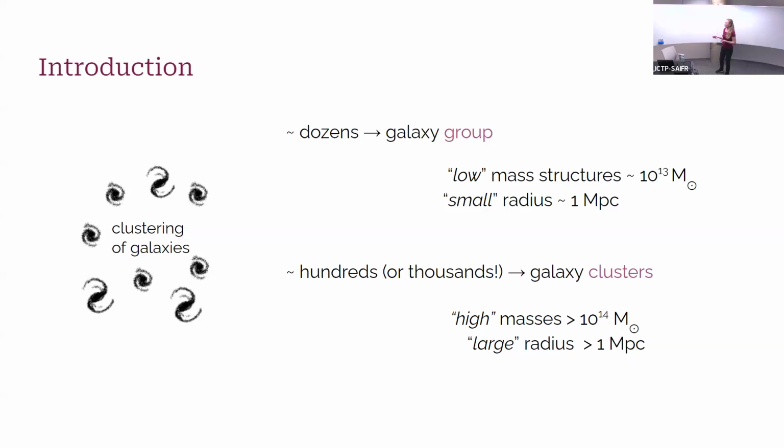A galaxy group will have dozens of galaxies with low masses, around 10^13 solar masses, and also a small radius, around 1 megaparsec. When we are talking about galaxy clusters, we have hundreds or even thousands of galaxies inside, with higher masses, about 10^14 solar masses, and also a slightly larger radius.